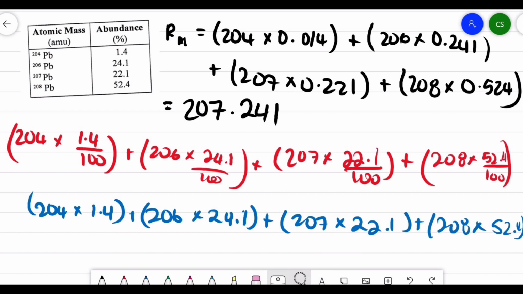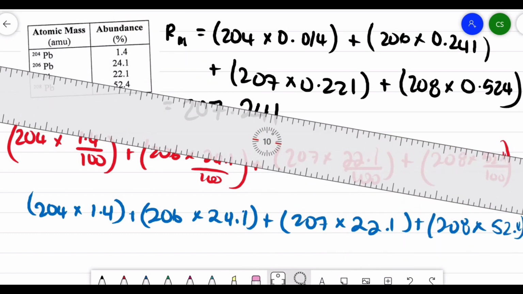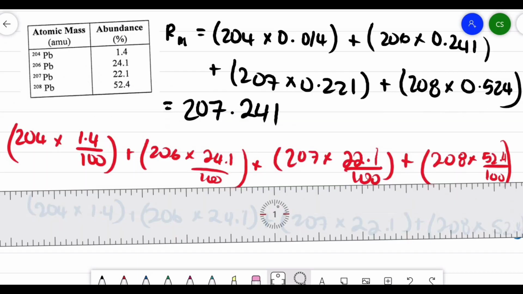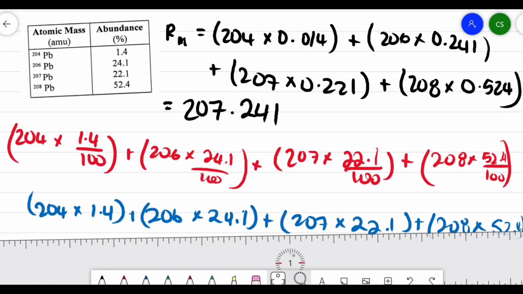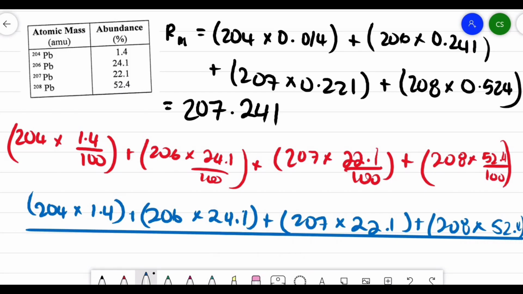Great. I'm going to use the ruler for this. And over 100.